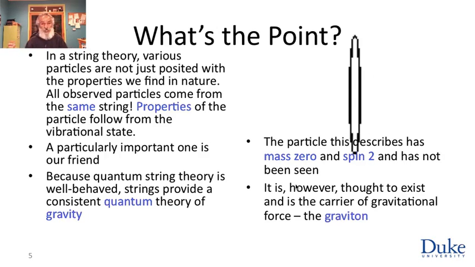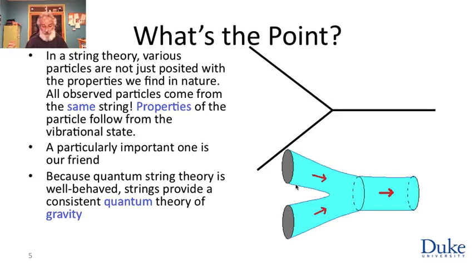The point is that string theory in a quantum mechanical sense is better behaved than particle theories. If you watched my clip on quantum field theory, then I said that in quantum field theory, the interactions take place at these vertices, and when you draw diagrams that lead to divergences, to problems with calculations having infinite answers, something which in renormalizable field theories is just a property of asking a silly question.